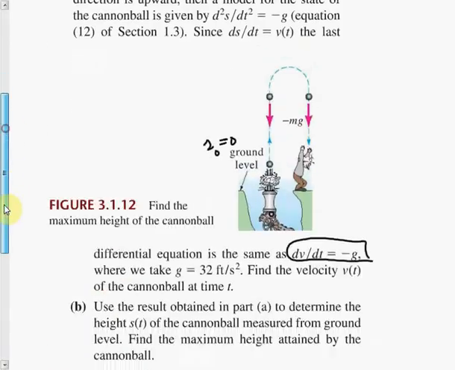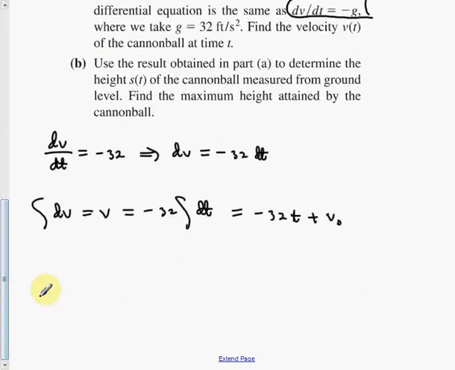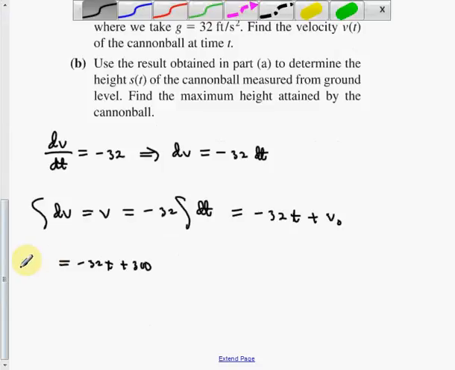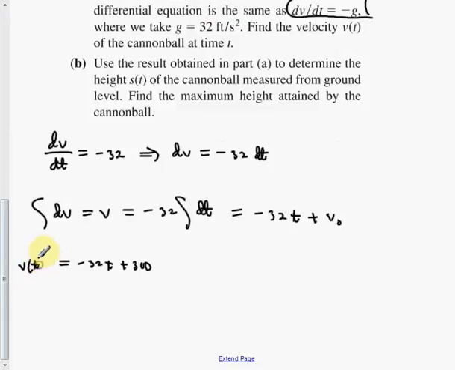So where do you take that into account? So here we have v is equal to negative 32t plus 300. And I guess we can write that as v of t. But this is for part A.